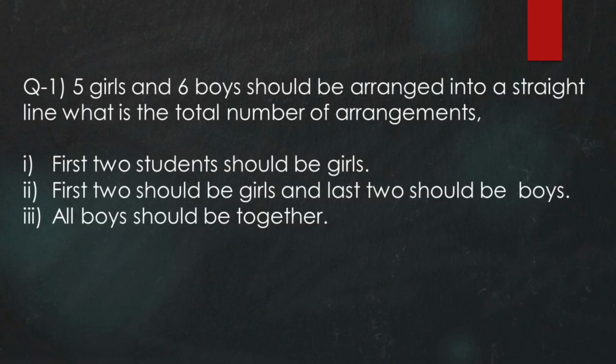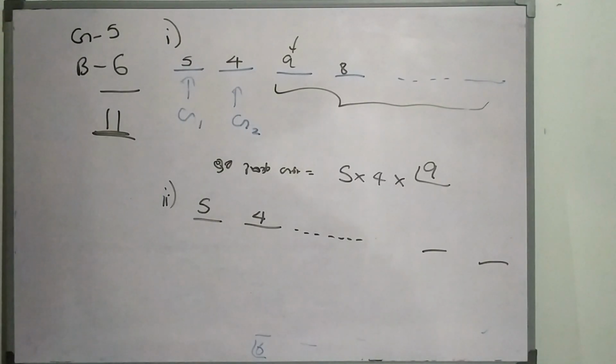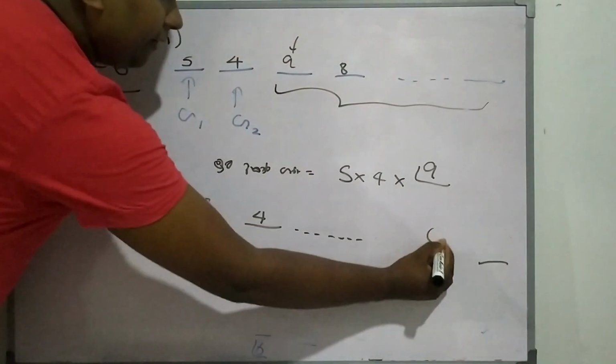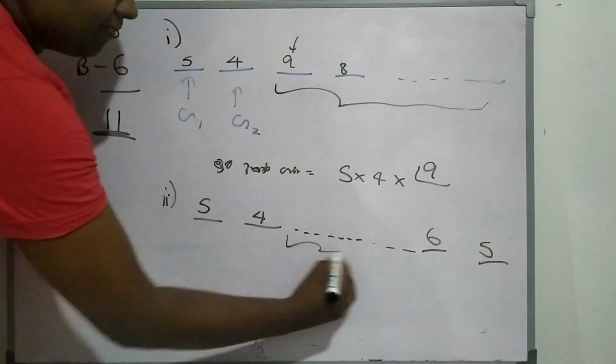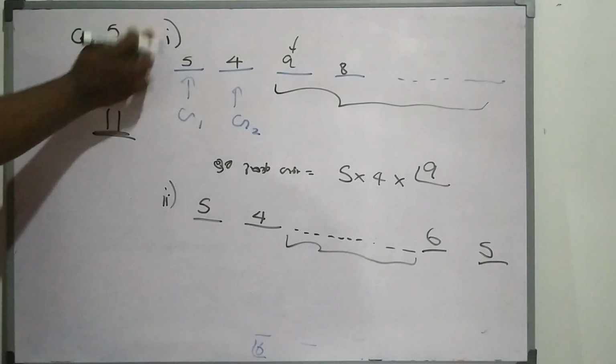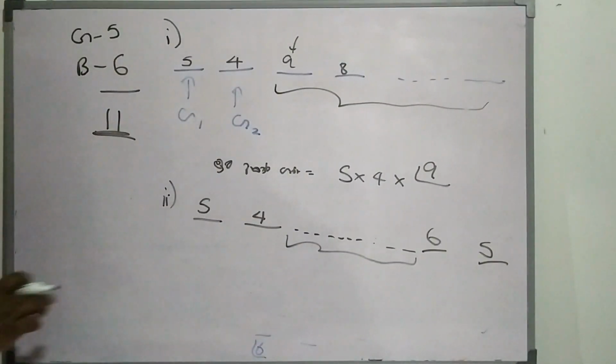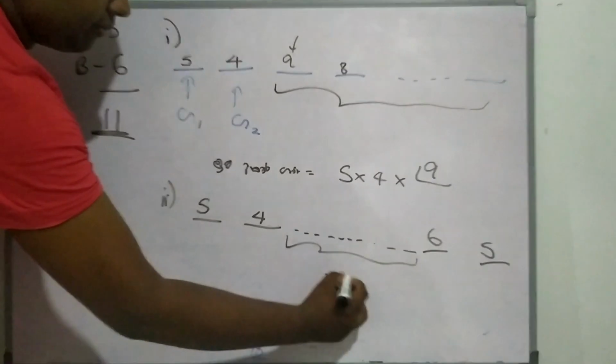Okay, the next one, first 2 should be girls and the last 2 should be boys. That is again like the previous one. You have to put 2 girls onto the first corner, and 2 boys onto the last corner, right? 5, 4 for the first, 6, 5 for the next, and the middle can be 7 factorial.